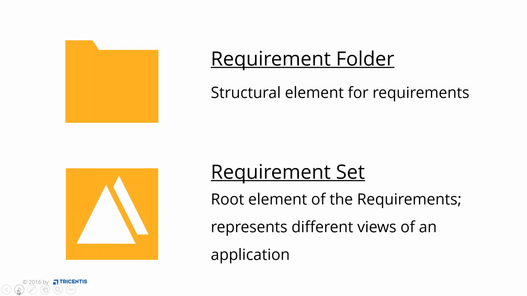Then you'd have various requirement sets, which would represent the different aspects of that application. In our example, it's the front end or the back end of the application, and each of those would be assigned a requirement set. Inside of the requirement set, you would then structure the actual requirements. So you would have the requirements directly related to the front end of the application and all requirements related to the back end of the application.